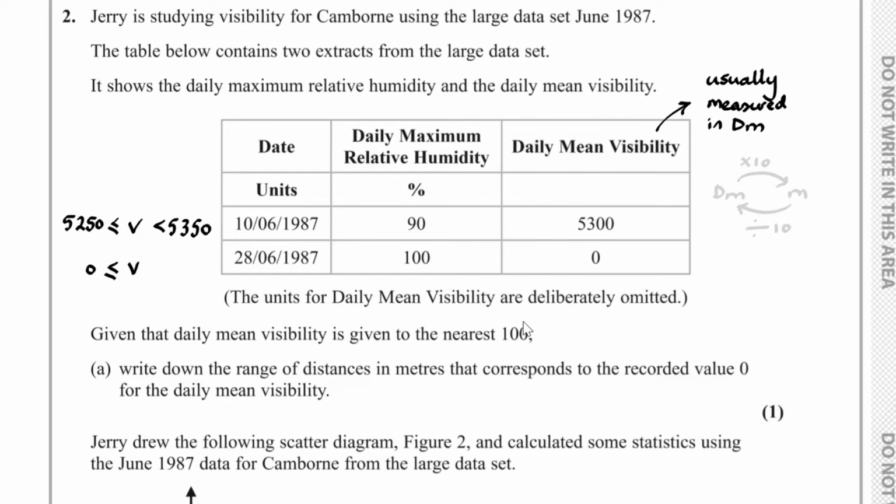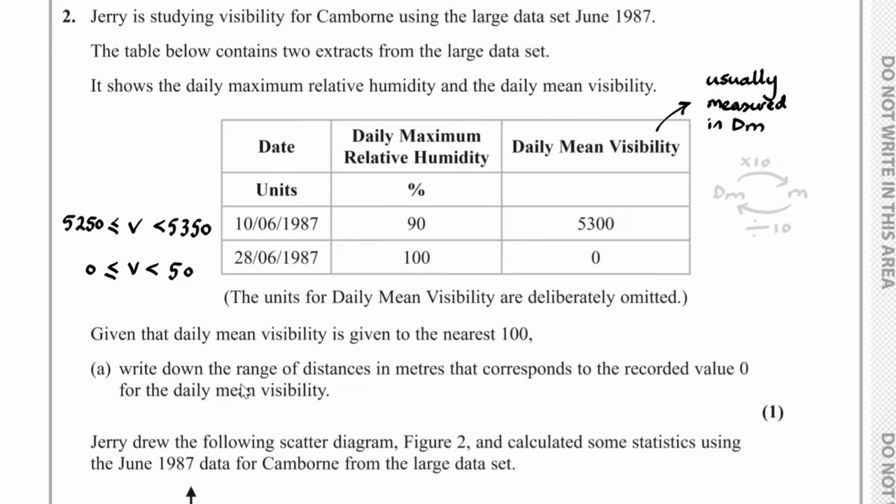And if it's given to the nearest 100, and we have 0 over here, V must be less than 50. Okay? Now, these range of values I've written down over here are in decimeters.